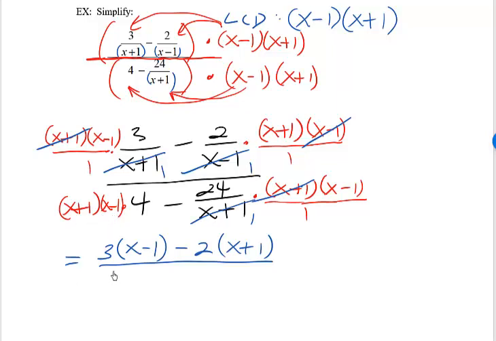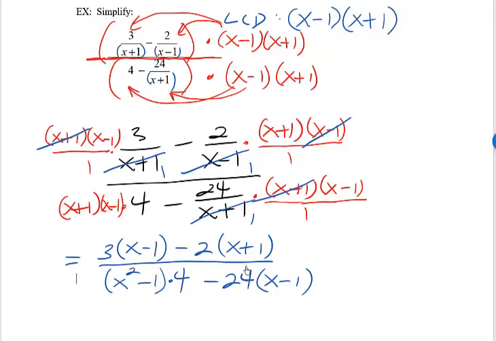I'm just going to end up with x squared for x times x. The plus 1x and the minus 1x go away, and I get minus 1 at the end. That's being multiplied by 4. And then the last part, let's see, I have a minus 24 times an x minus 1. Okay, I've just written it out because I don't want to make any mistakes.